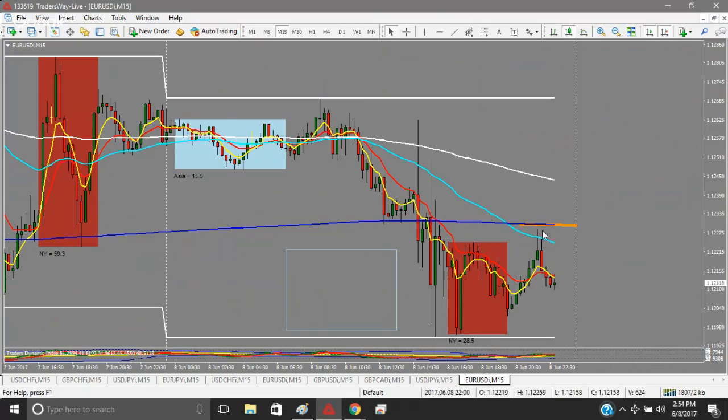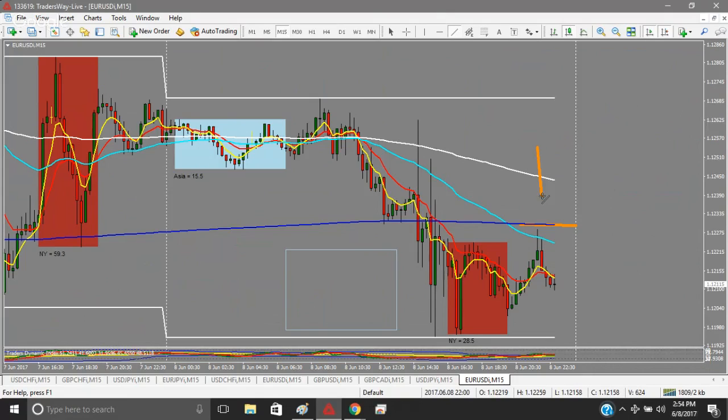Now this is going to be the Mayo on the H1 chart. Okay, hear me out on this. Since this is the Mayo, what is this going to be on the H1 chart? This is going to be the 50 on the H1 chart.